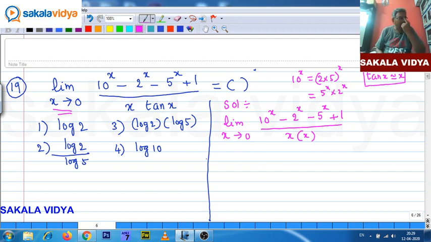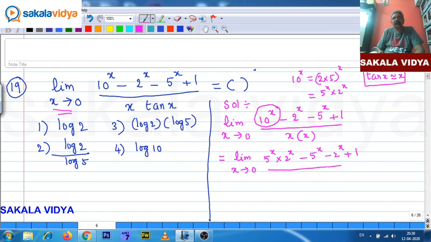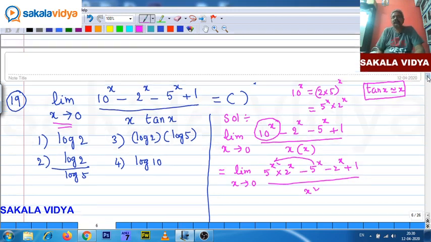Now let us apply my plan here. Limit x tends to 0, instead of 10 power x, 5 power x into 2 power x. Now let us regroup the terms of the numerator: bring minus 5 power x this side, and minus 2 power x plus 1, upon x square. From these two we can take out 5 power x, and from here we can take out minus common. If you take out common, you will get like this.